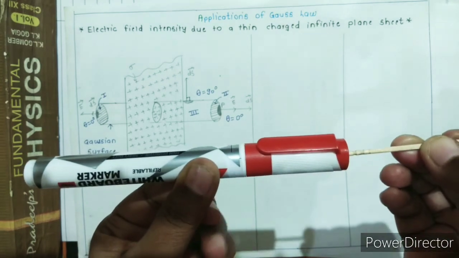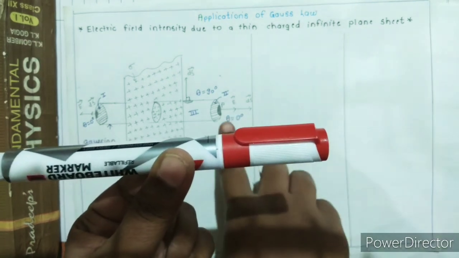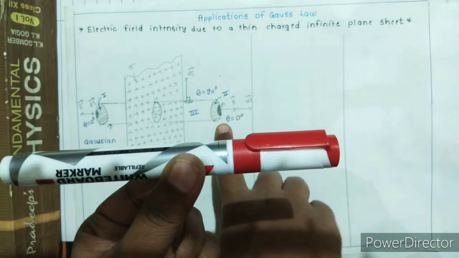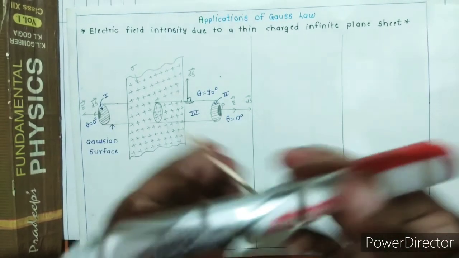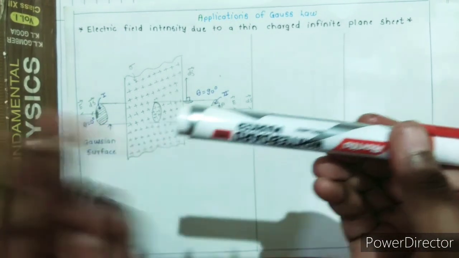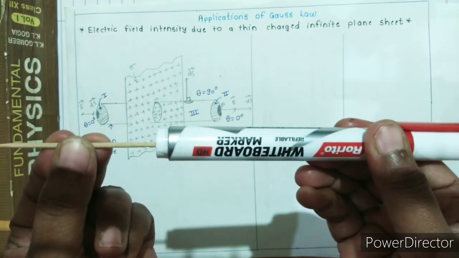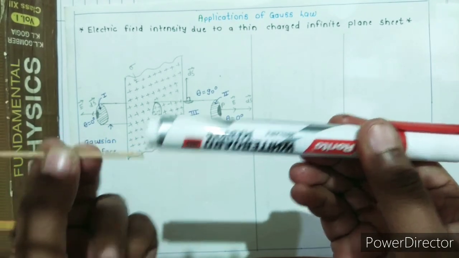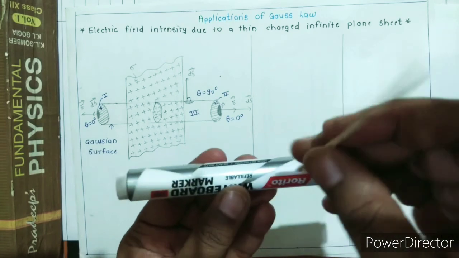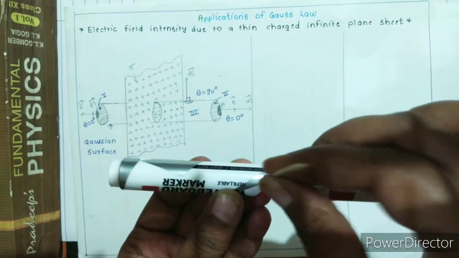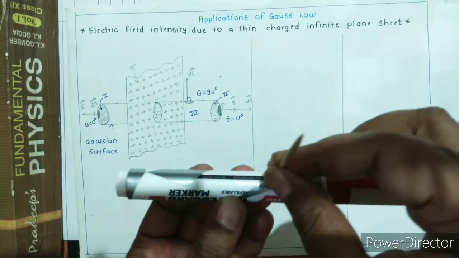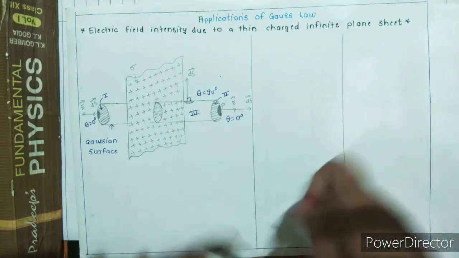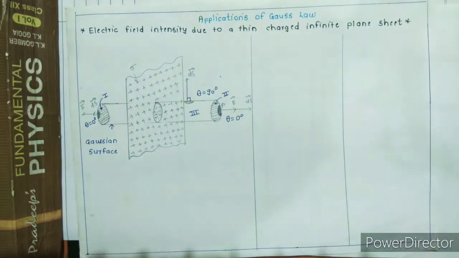So theta is equal to 0 for this part. The same in this part also, electric field lines are radially outward, and this is the area vector, and for the curved region the area vector is like this. So for the curved region theta is equal to 90 degrees. So understood?